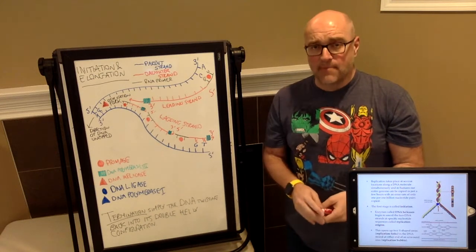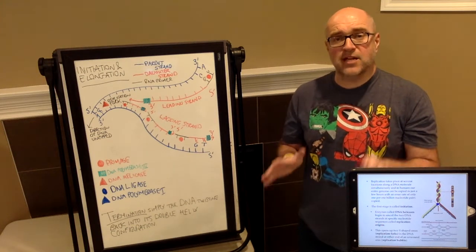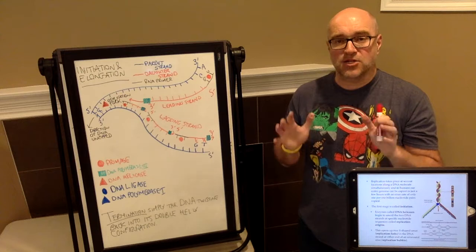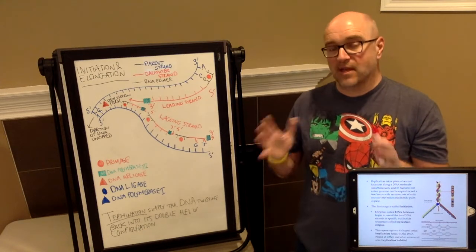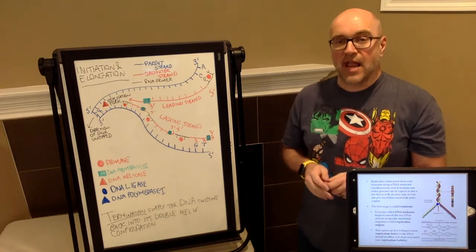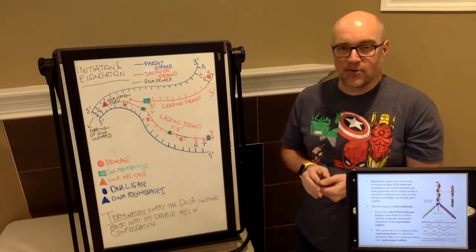And by the way, all of this discussion we're having today is referring to S phase. This is what's happening during S phase in the cell cycle. We talked about the different phases in the cell cycle. This is the stage where DNA is replicating prior to either mitosis or meiosis.